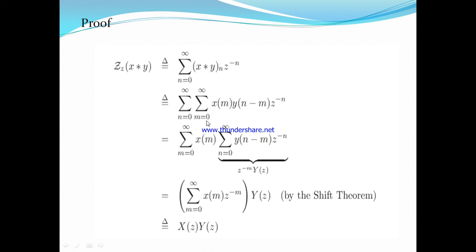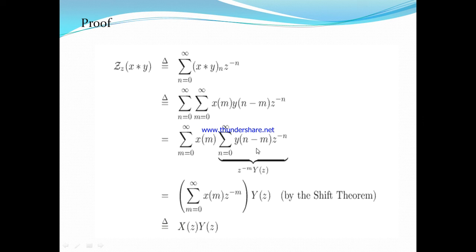Again, first we are writing sigma m equal to 0 to infinity, so x of m we are taking here. And the remaining terms are sigma n equal to 0 to infinity, y of n minus m into Z power minus n. So look at this equation.